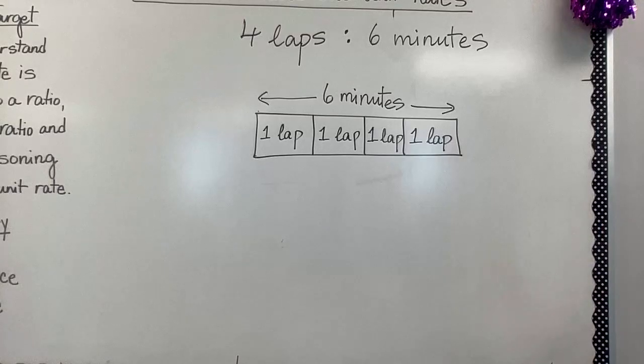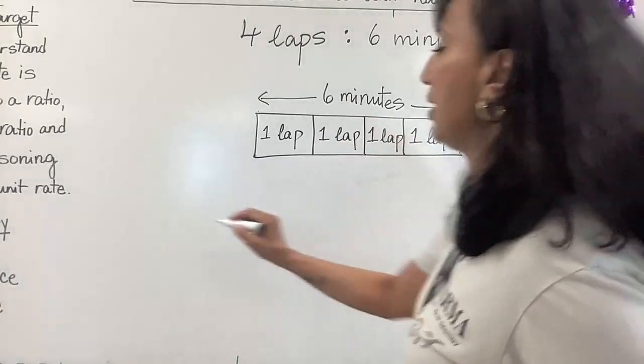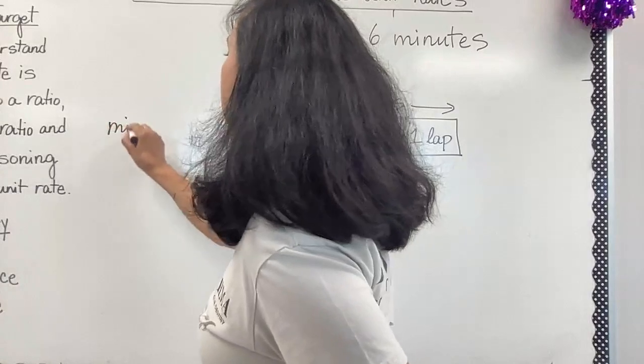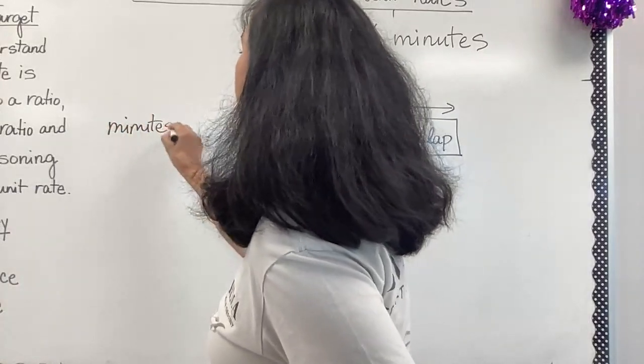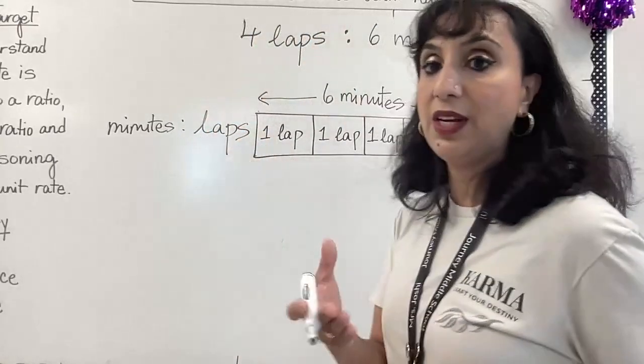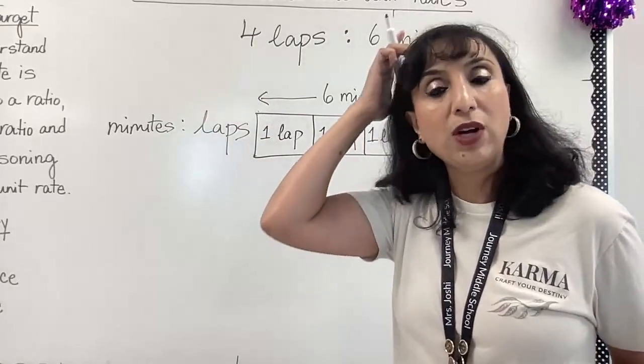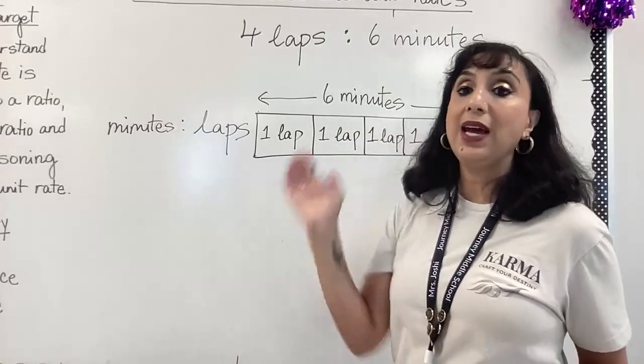So the ratio of the number of minutes to the number of laps is how much? It's minutes to laps. Okay, so if I'm saying minutes to laps, listen to what I said in the last video. Always look at the question part. What is it asking? Okay, then you go to the numbers.